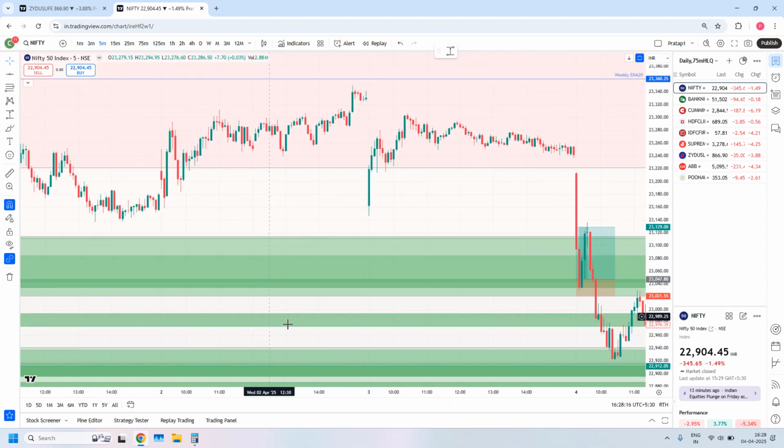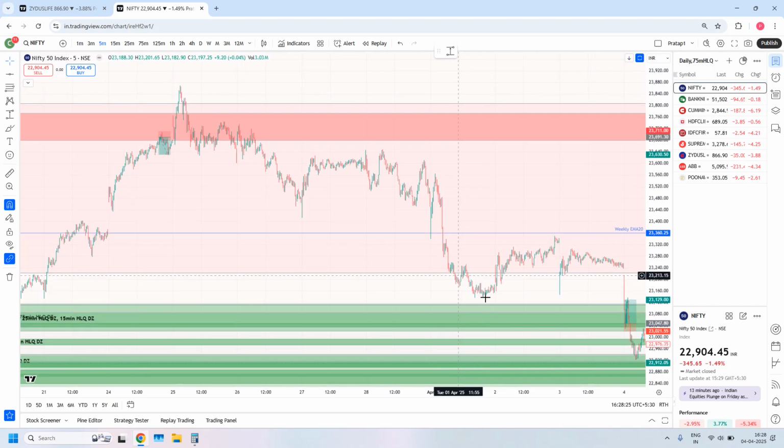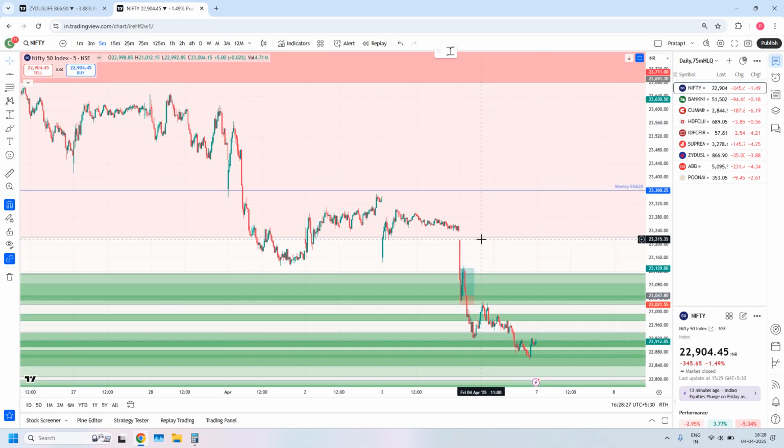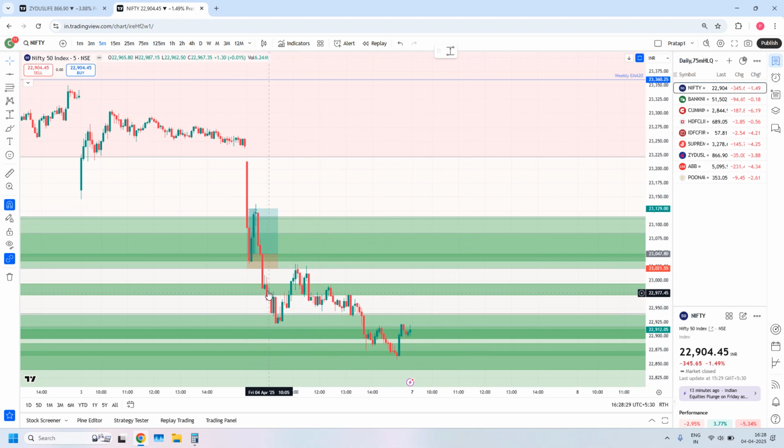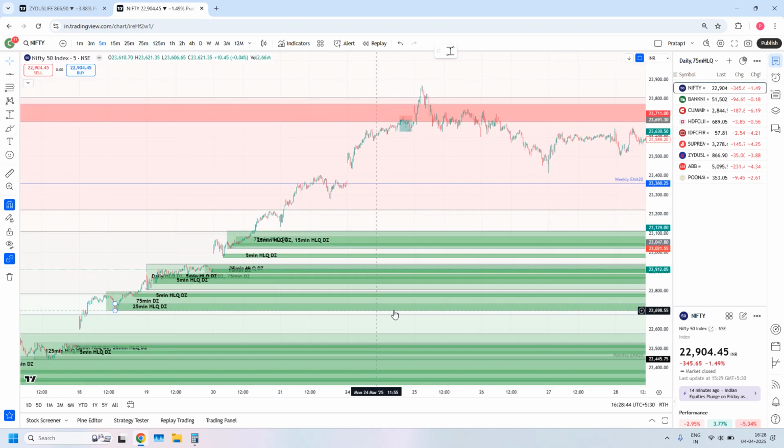And here below you have a 5 minutes high liquidity demand zone. Maybe it may act as a trap. We don't know. There is a possibility, but that didn't happen today. So if anybody would have planned another trade in this 5 minutes high liquidity demand zone, your trade would have been stopped out. After that, prices, after this 5 minutes HLQ demand zone, prices entered here into a daily zone.